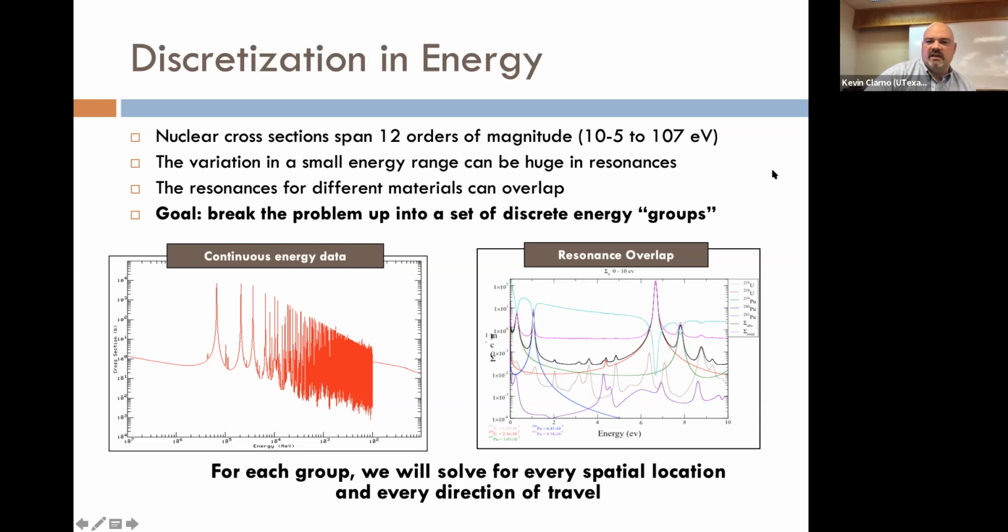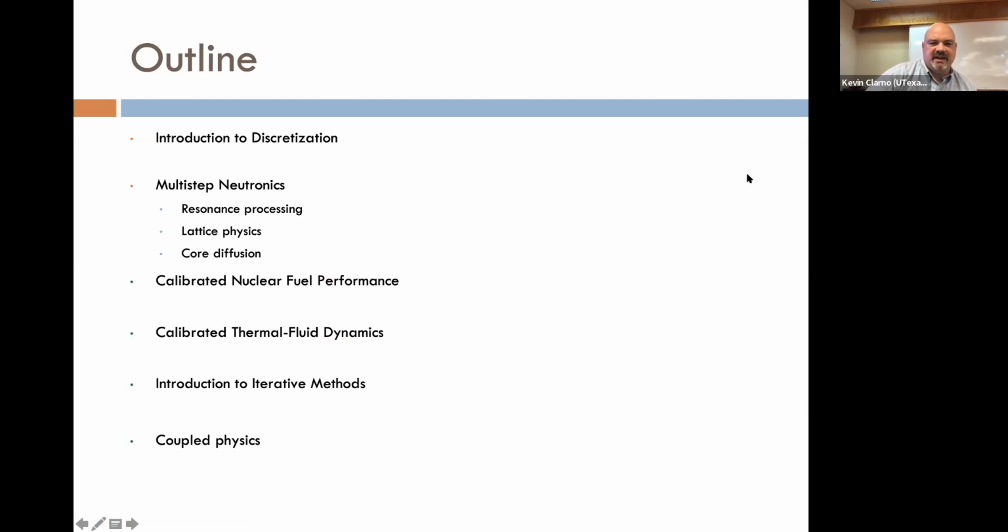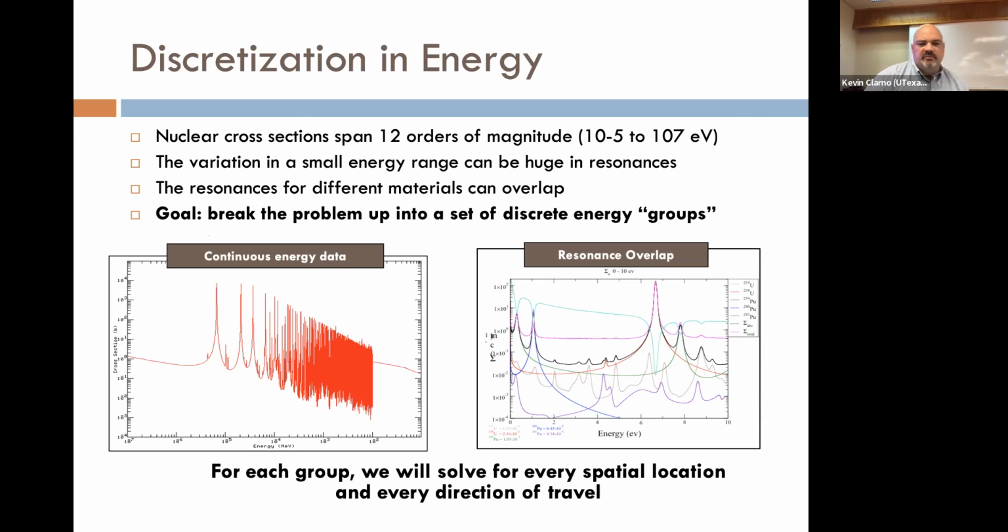All right, so I'll talk a little bit about it since we have the time. Okay, so with the nuclear cross sections, and I have some pictures on here, and I'll draw some pictures up here for the rest of you. With the nuclear cross sections, you have a huge range in energy.